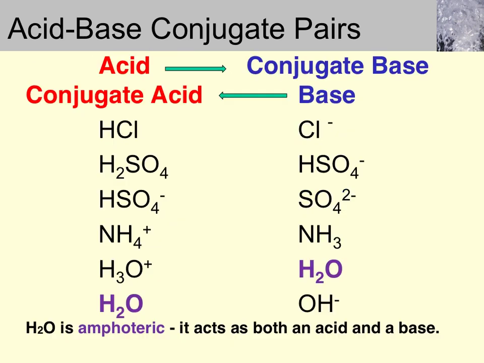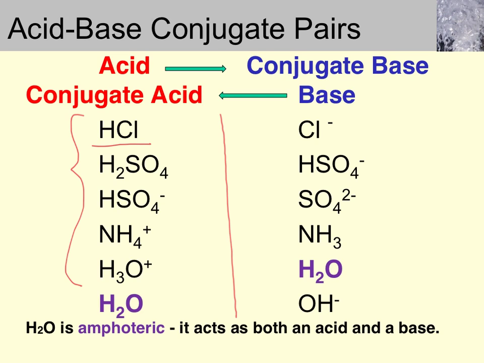Now it's relatively simple to look at a chemical reaction and label all the substances in that. It's a little trickier, it appears, if I were to give you a table of substances. So let's just look over to the left-hand side. All right, so what if I gave you an acid, and try to ignore what's on the right-hand side for now.